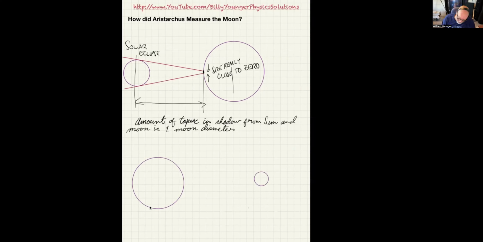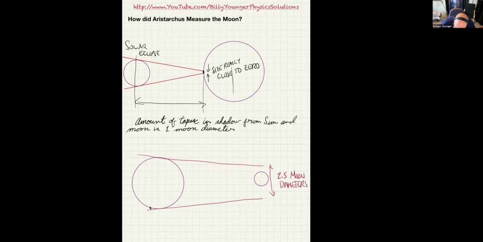And what we can see is that the shadow that the Earth casts on the moon, remember this same angle that we saw here is going to happen again, only this time it's an angle like this. And what Aristarchus had noticed was that when this is the case, this shadow happened to be, according to Aristarchus, 2.5 moon diameters.